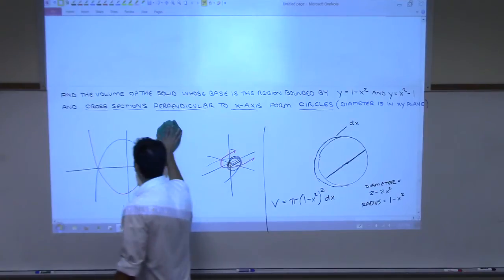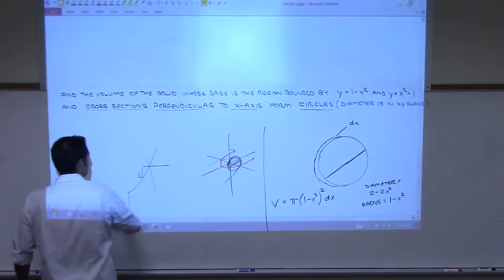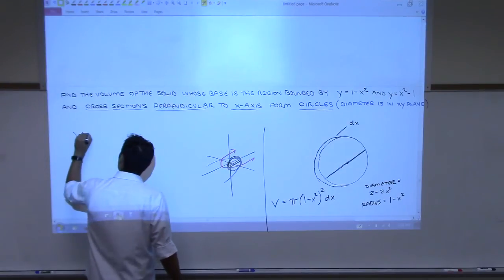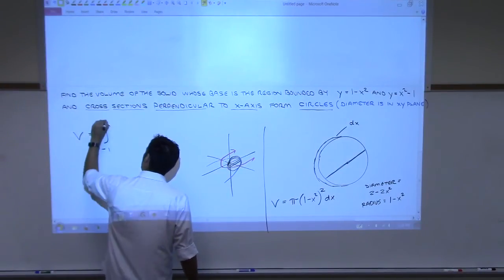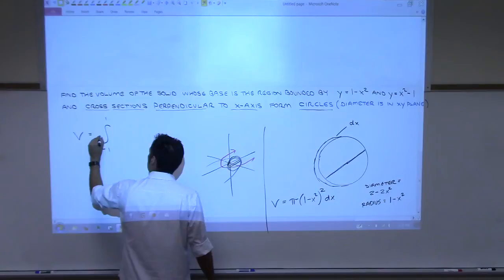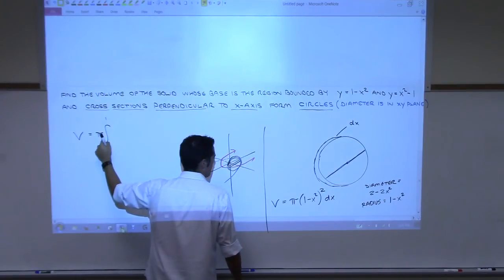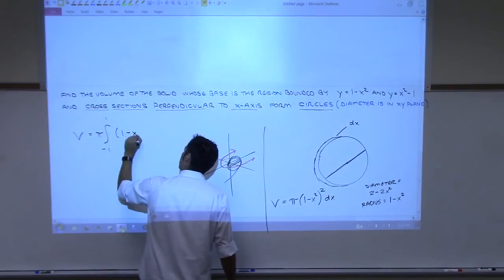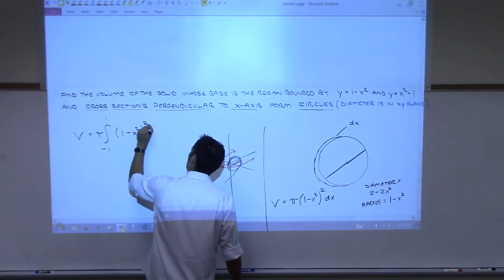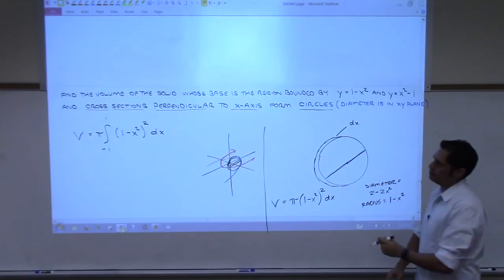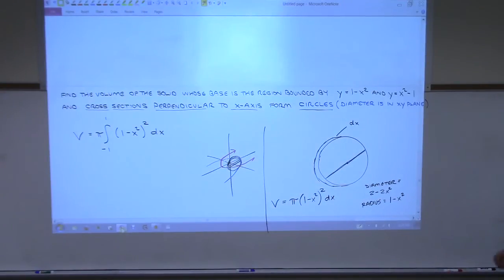So the volume of this solid with this particular cross section of circles will be the integral from -1 to 1 again. And then it'll be pi, which I can pull out of the integral because it's a constant, and then 1 minus x squared dx.